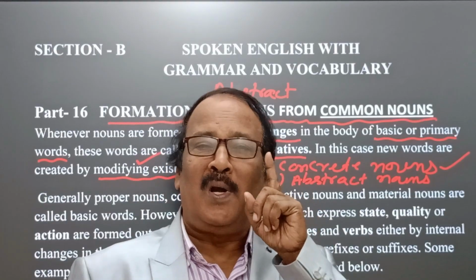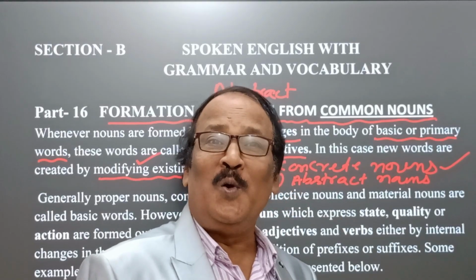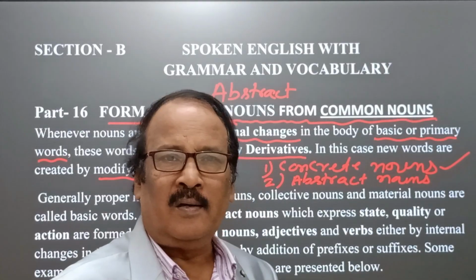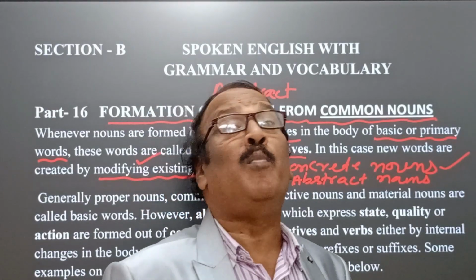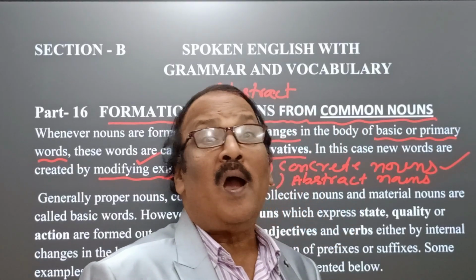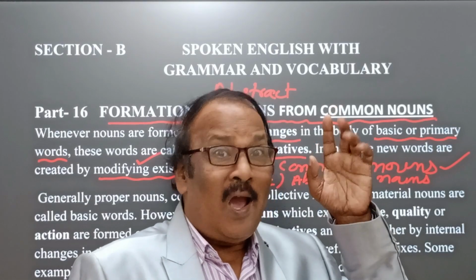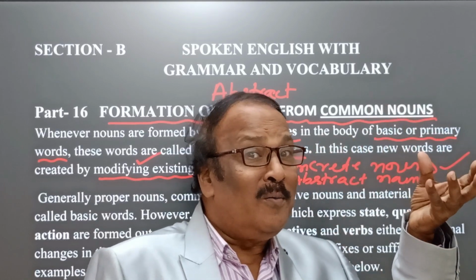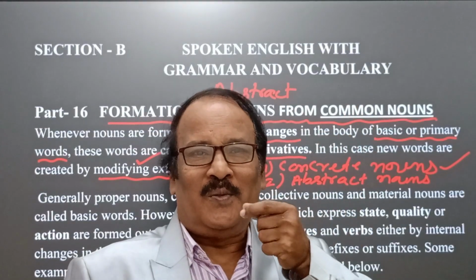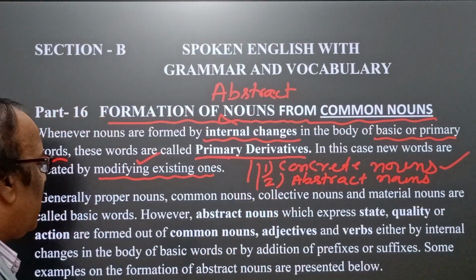This is a very important noun, and therefore, students, you are suggested to know and understand the importance of abstract nouns. And these abstract nouns are formed from common nouns, adjectives, and verbs. Once again, I repeat, abstract nouns are formed out of common nouns, adjectives, and verbs. Okay, this is the difference between concrete and abstract nouns.